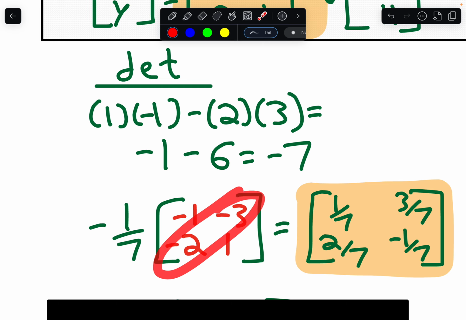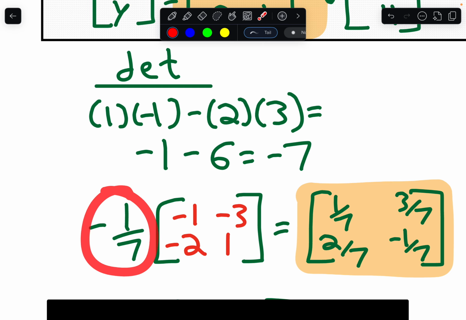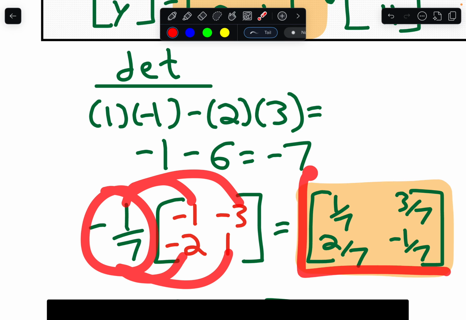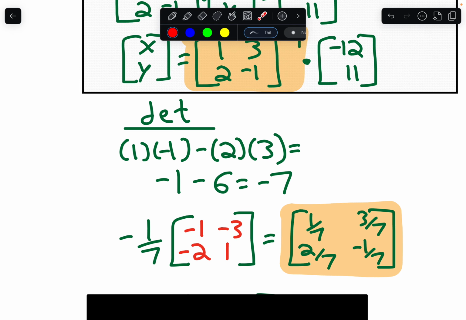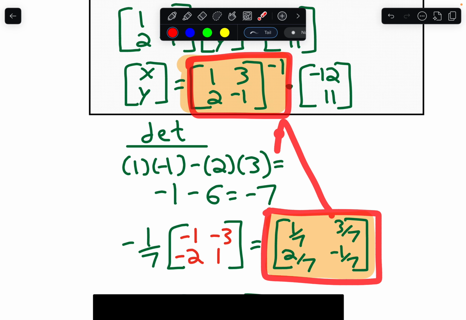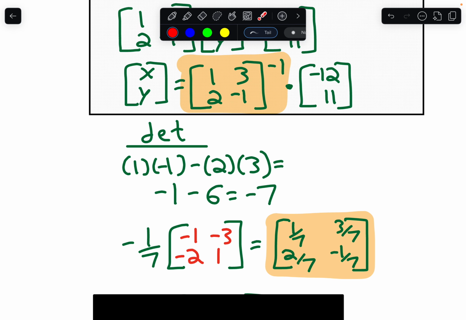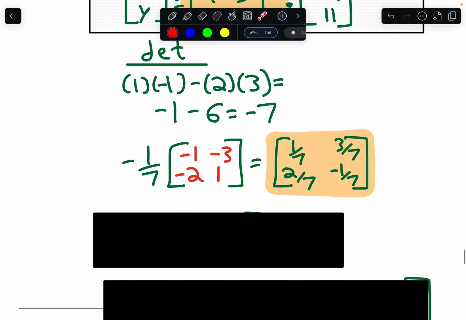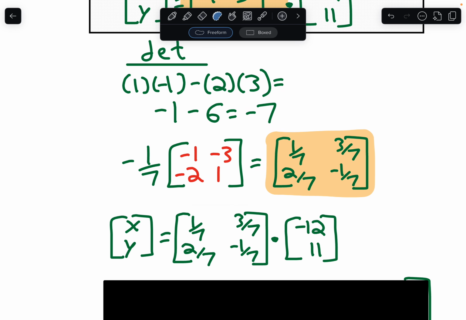The other diagonal, you multiply both by -1. Now we're just distributing -1/7 into all of these to get our inverse. So the inverse of the coefficient matrix is right here. We're going to plug it in so that we can multiply it by the -12, 11 matrix. That's my next step.